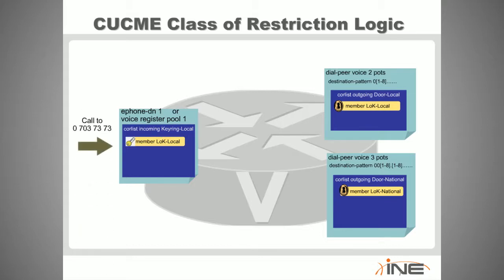Okay, so a call is placed to 0703 7373, 0 being secondary dial tone or outside trunk seizure.